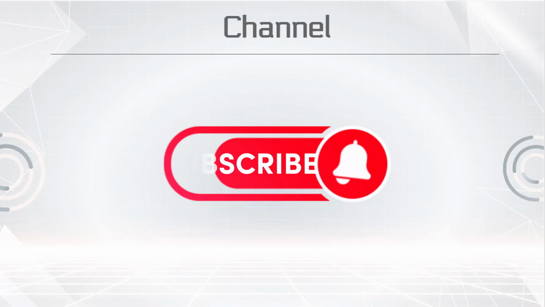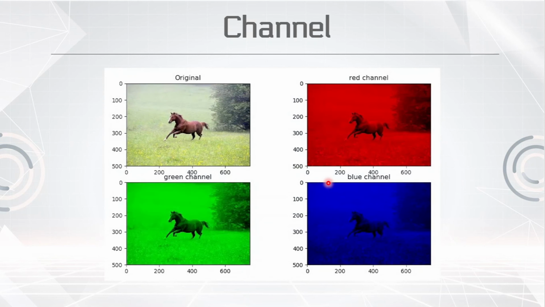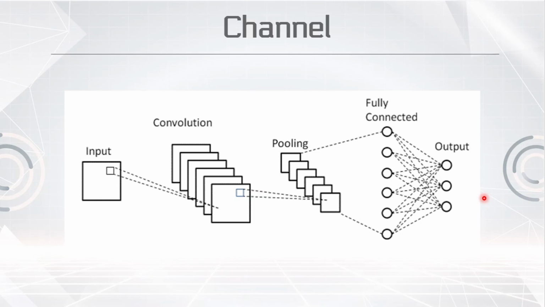The next topic we have is a channel. In the image you see a horse picture which has been divided into three channels: RGB, red, blue and green channels. In reality, images are divided into two types, RGB and grayscale. RGB images have three channels, red, blue and green. Grayscale images have only one channel. In convolution, we use kernels to get image layers.